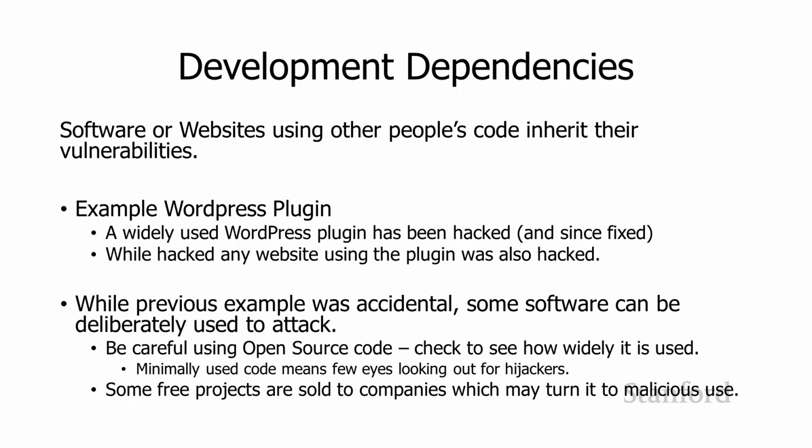There was a new version of that plugin that avoided the problem, but basically because they used this WordPress plugin that had been written by somebody else, and that plugin had been hacked, their website was basically now hacked. While the people who wrote that plugin had not intended to cause problems, they had intended it to be just a regular nice plugin that people could put in their WordPress websites.